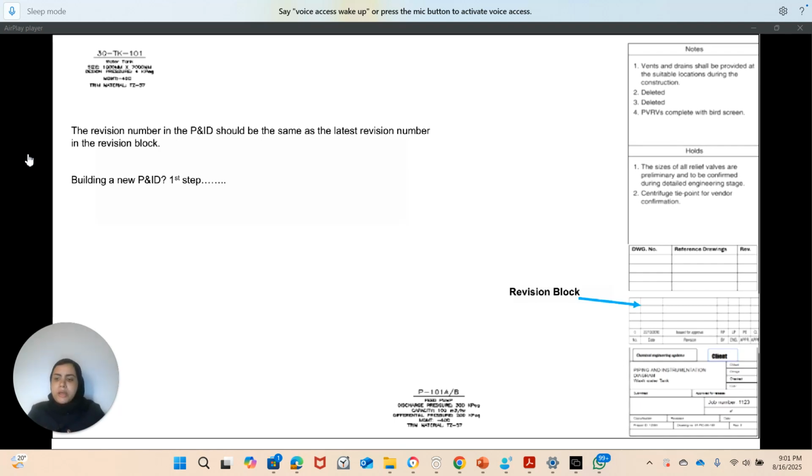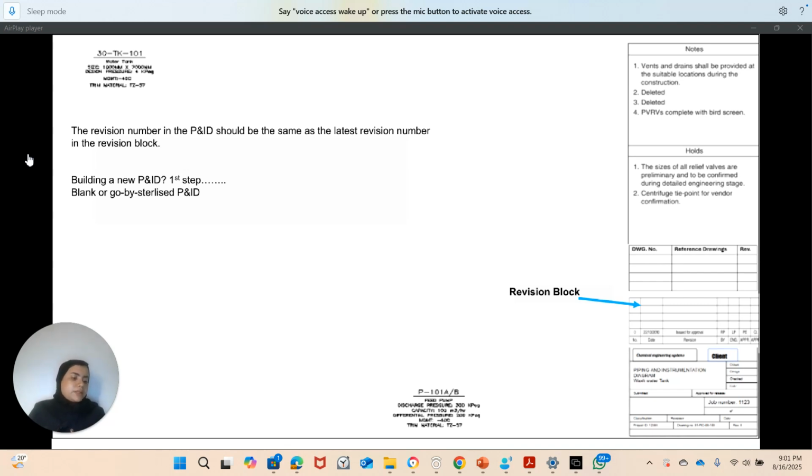And also a concept that I want to introduce is, if you want to start building your own P&ID, the first step is to either start with a blank P&ID or start with a go-by, sterilized P&ID. A go-by sterilized P&ID is basically a P&ID that you have got from previous designs, and this P&ID is very similar to the design that you have currently.